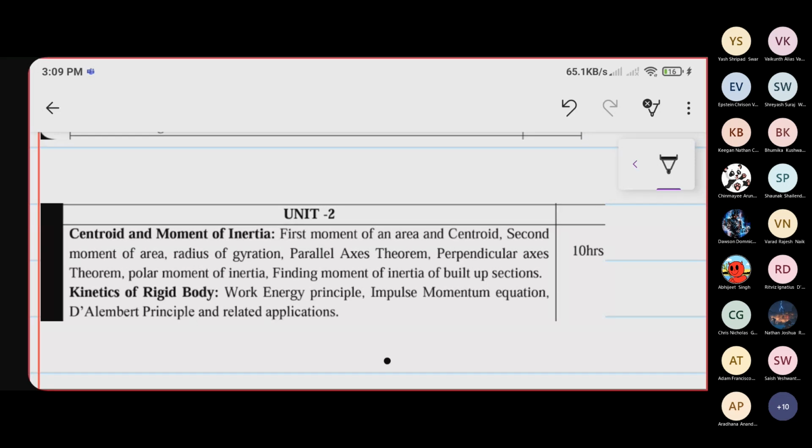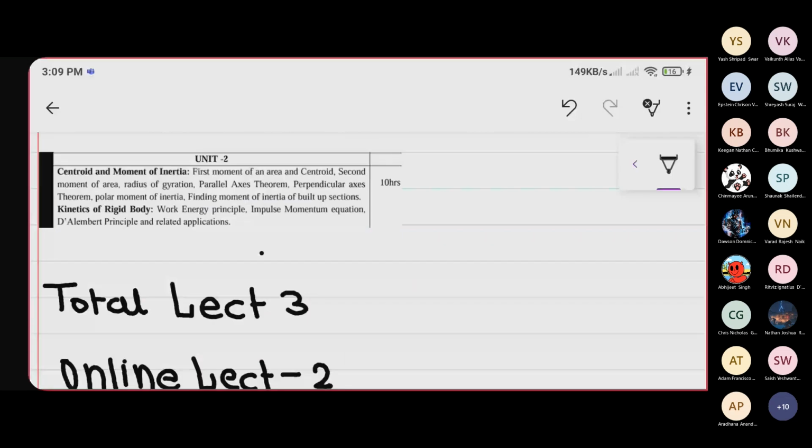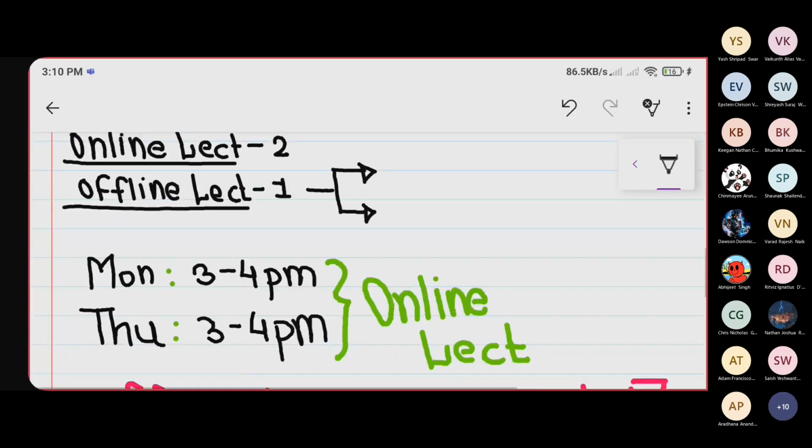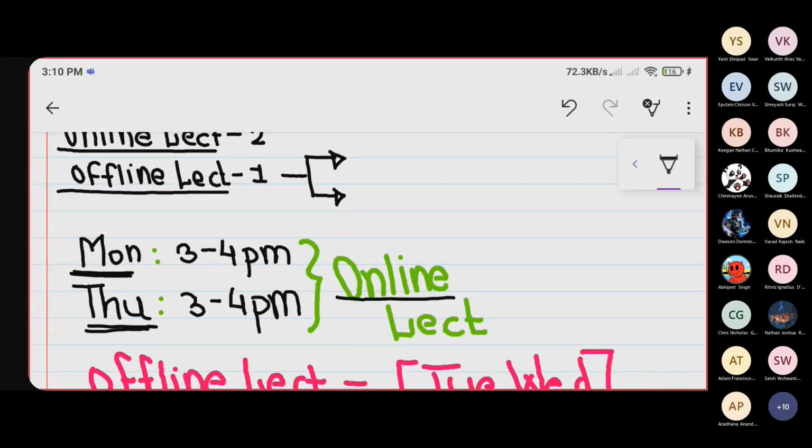Now, what we have decided as per the scheme is we have a total of 3 lectures. 2 online lectures will be conducted and 1 offline lecture. The offline lecture will also be divided into 2 parts, one on Wednesday and one on Thursday. So Monday 3 to 4 and Thursday 3 to 4 will be the online lectures of BME.